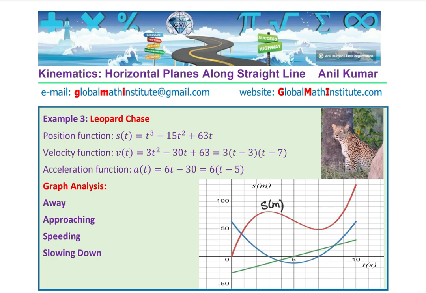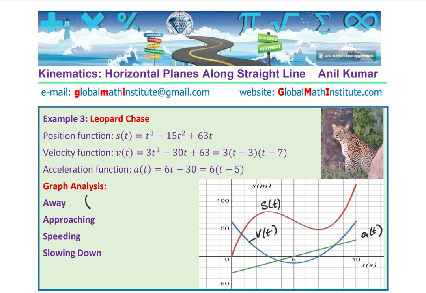And the blue one represents the velocity with time, and green is the acceleration with time, correct? I'd like you to mark the intervals where it is moving away. Can you write down? Moving away means that both displacement and velocity have the same sign, right?